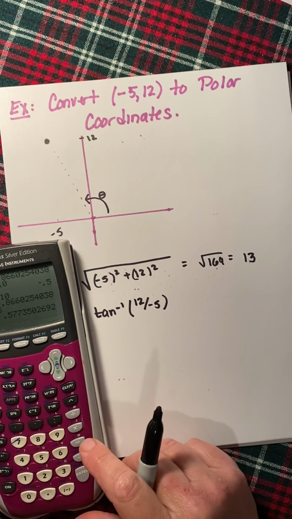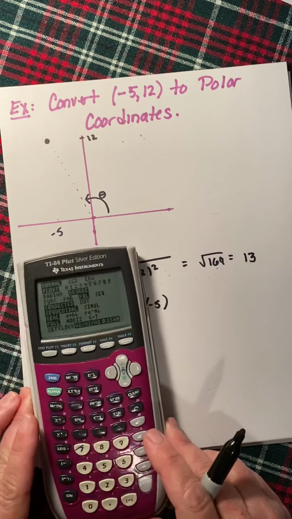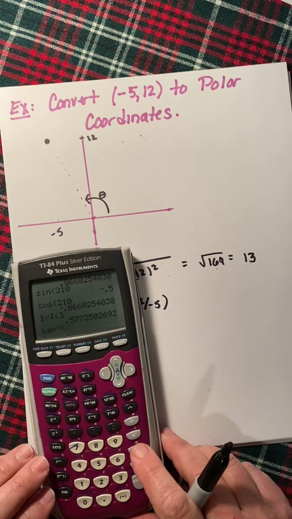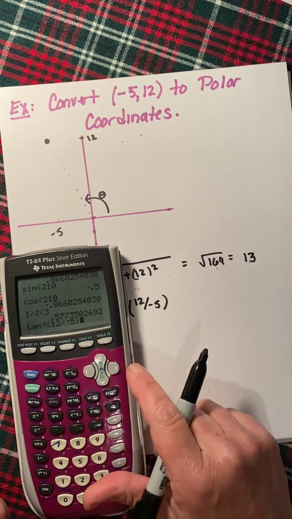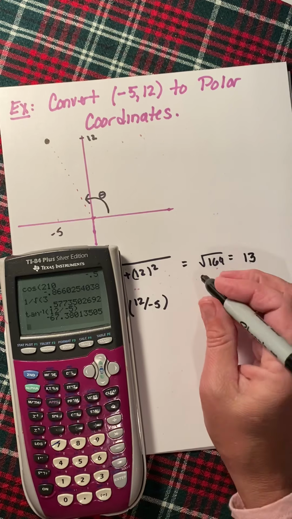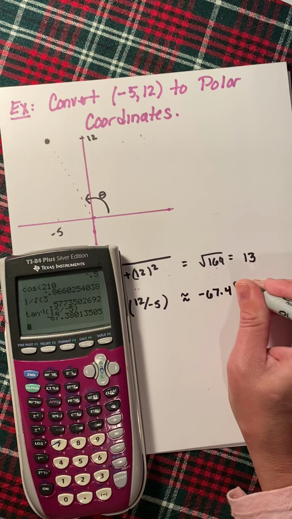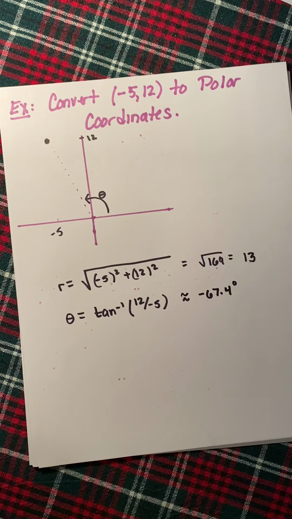So I'm going to go into degree mode. I like using degrees here. So if I do the inverse tangent of 12 divided by negative 5, it's going to give me approximately negative 67.4 degrees. So that's clearly not our angle of interest.